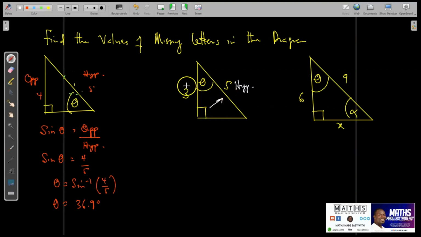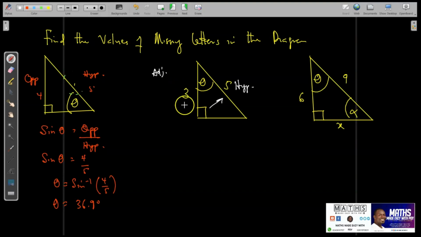But when you come to the value 3, looking at the position of the angle theta, the 3 and theta lie adjacent to each other. Adjacent means side. So it lies on the adjacent side. You are on the side of theta.